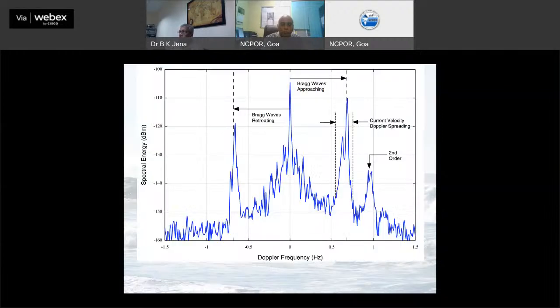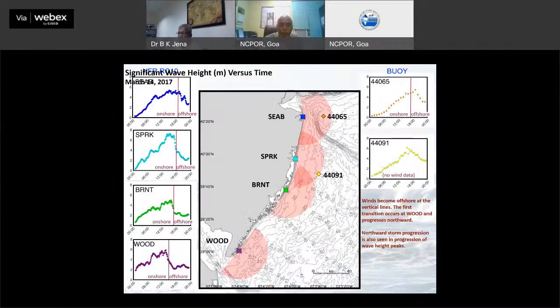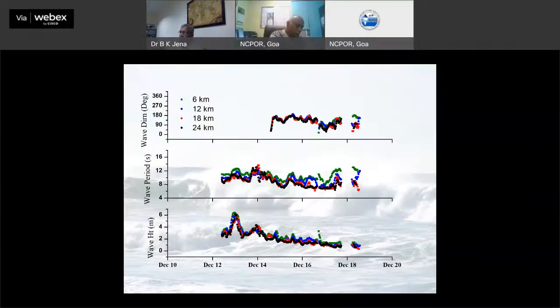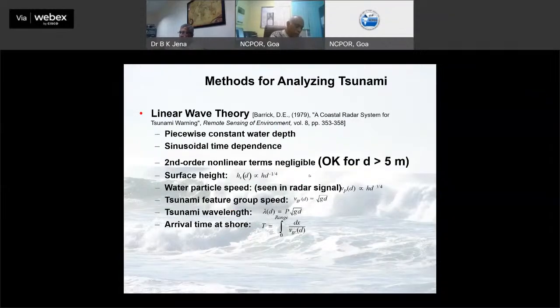This is what I told you, that we are getting the wave information from the second order peak. Here are some examples which I got from the US website, and this is our website. We have compared one of the sites at 6 kilometer, 12 kilometer, 18 kilometer and 24 kilometer, how the waves are varying, and compared with our wave heights.